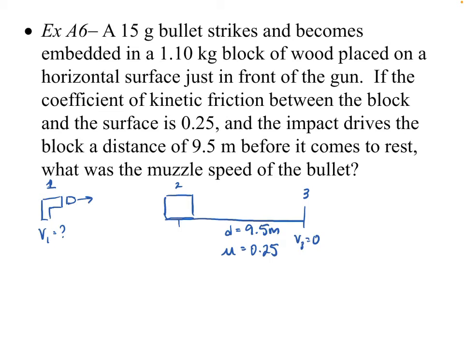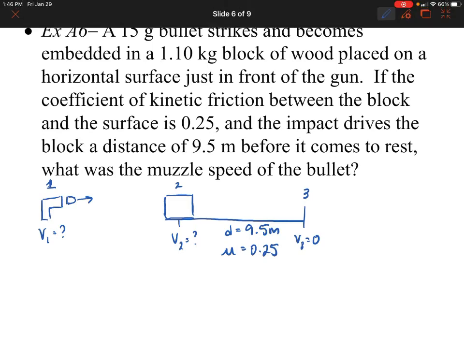But now I'd say those are a combined thing, right? Once it's at position 2, you have the bullet and the block. So here, I don't know this velocity, okay? I'm going to need to find that if I ever want to find the initial speed of the gun, because from here to here, position 1 to 2, I can use conservation of momentum, okay?